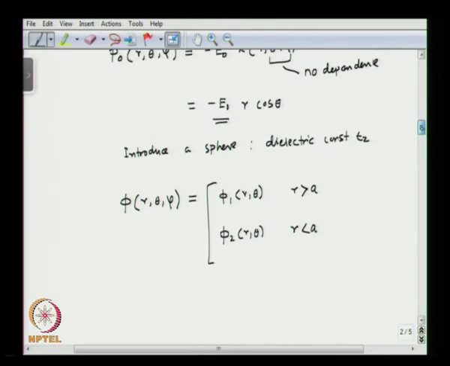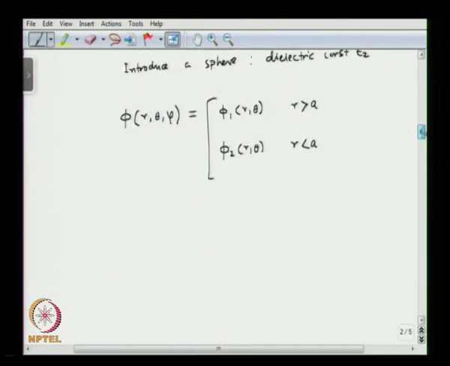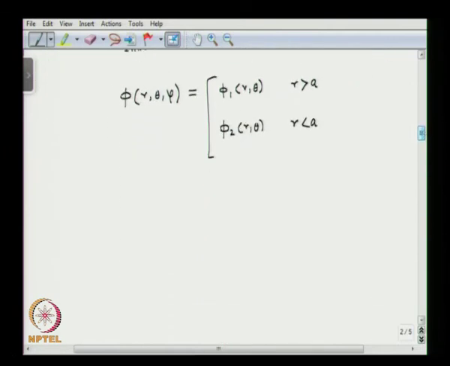Now to obtain the distribution of this potential, we have to solve the Laplace equation, which is nothing but del square phi of r equal to 0. As said before, there is no dependence on the azimuthal coordinate psi.